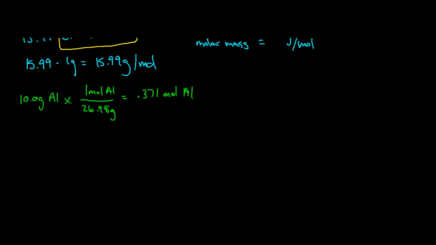Now I don't want moles, I want atoms. But I know that 1 mole is equal to 6.022 times 10 to the 23rd. So now I can convert moles to atoms. 1 mole is equal to 6.022 times 10 to the 23rd atoms.